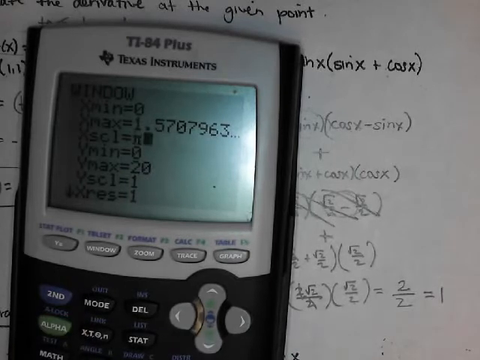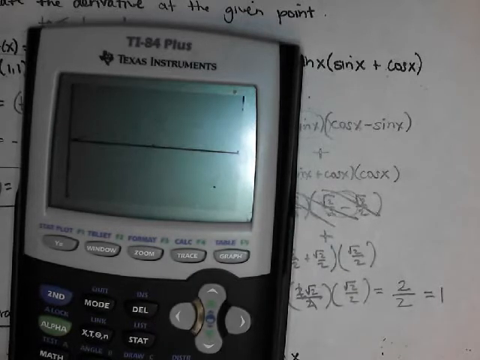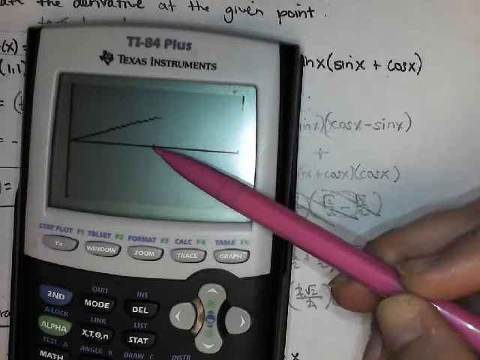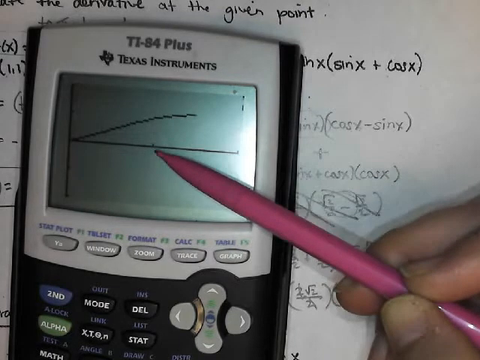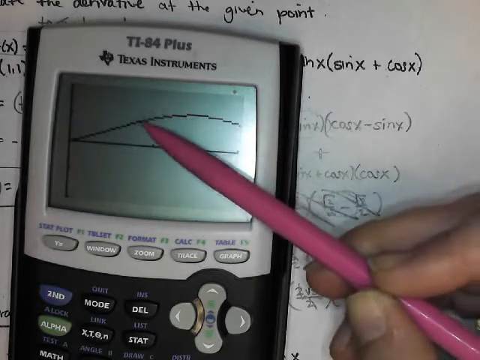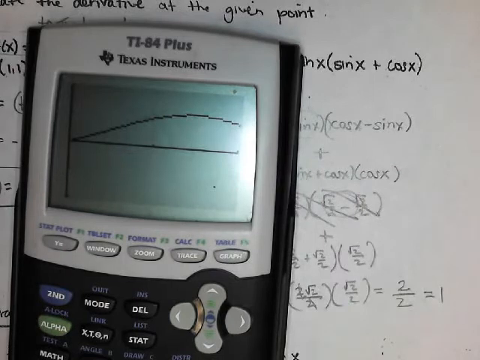And I'll count by pi over 4. It should just be in the middle. And I'll go from negative 2 to 2 just to look at that portion of the graph. And apparently at this point the slope will be 1. Which right here we have a slope of 1. Is what that's telling us.